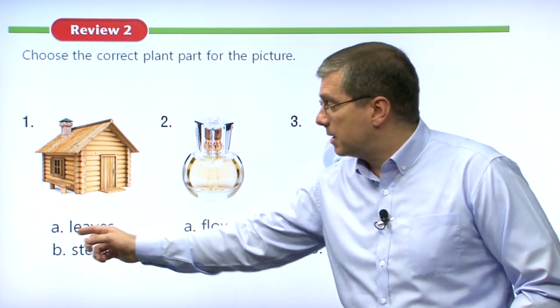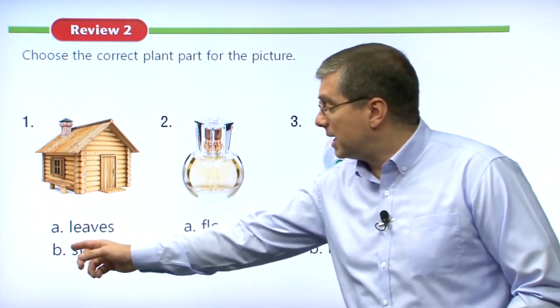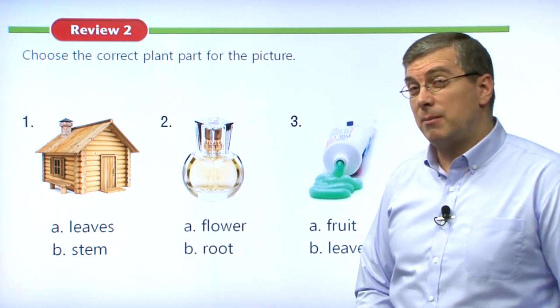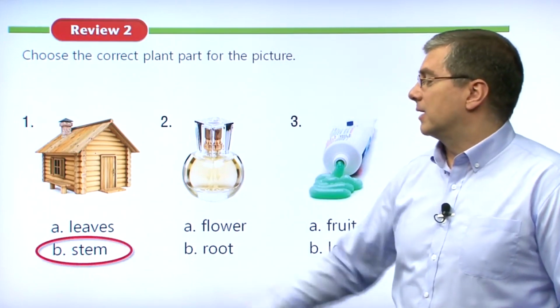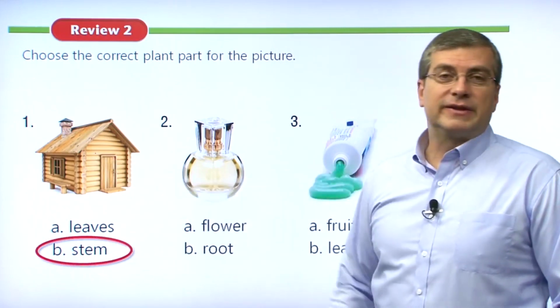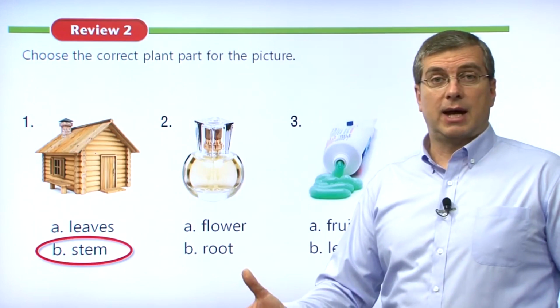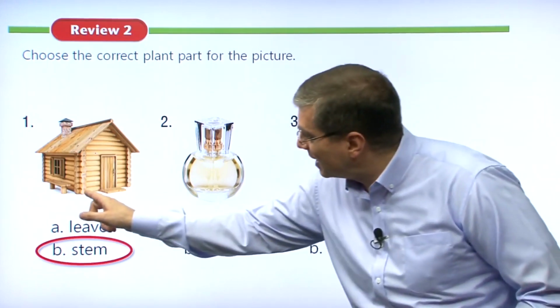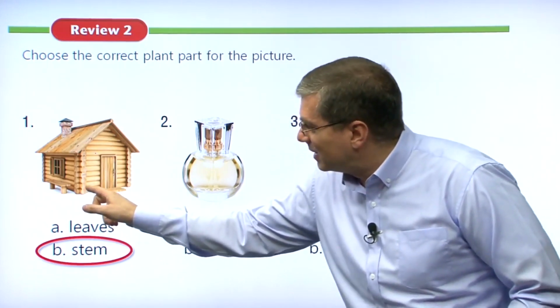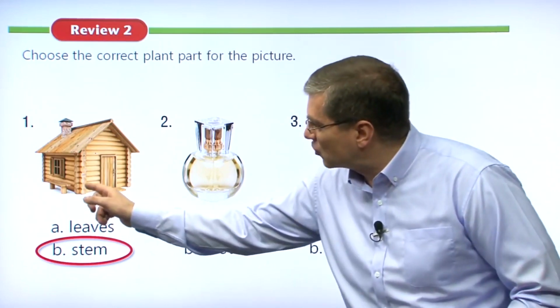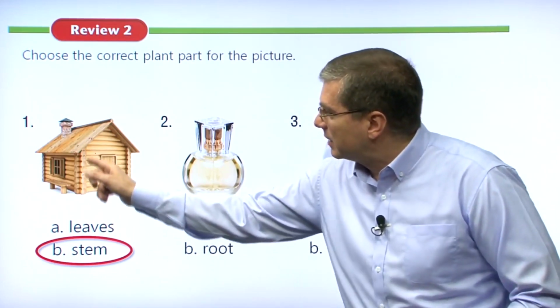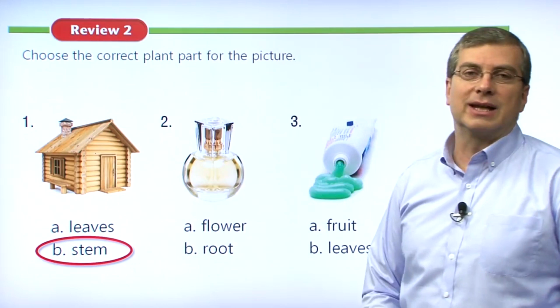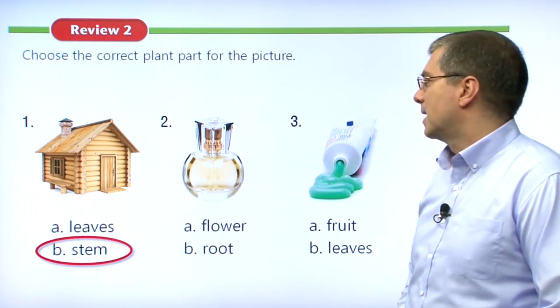Do we use A, the leaves, or B, the stem? Do you remember? Aha, that's right. It's the stem. We use the stem especially for trees, because trees have the wood, and you can see that with this house, they didn't really cut the wood. They just used the trunk or the stem of the tree to make the house very easily and very simply. Okay, let's move on.